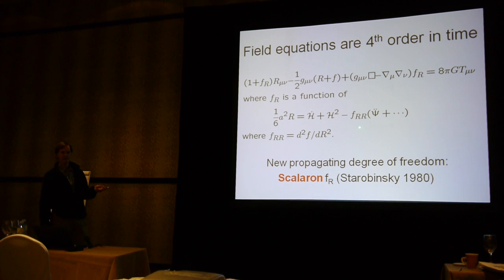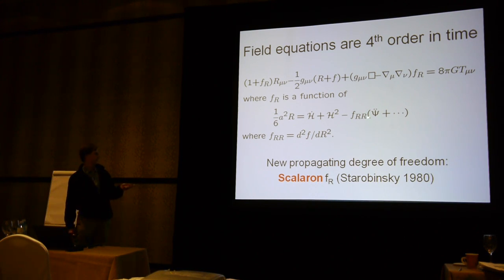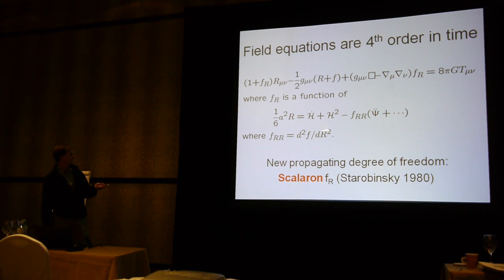Here is a second derivative of one of the potentials, the curvature potential, in the conformal Newtonian gauge. And this prefactor is just the second derivative of this f with respect to R squared. So again, these corrections would vanish if we just had constant and linear pieces in this function f(R).